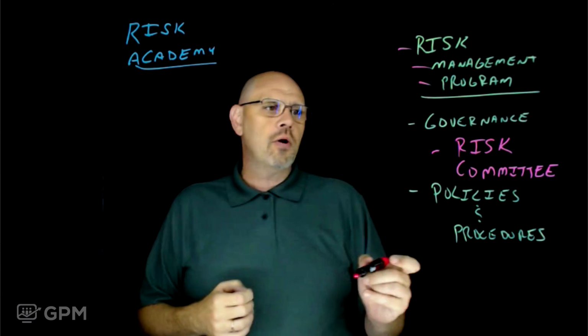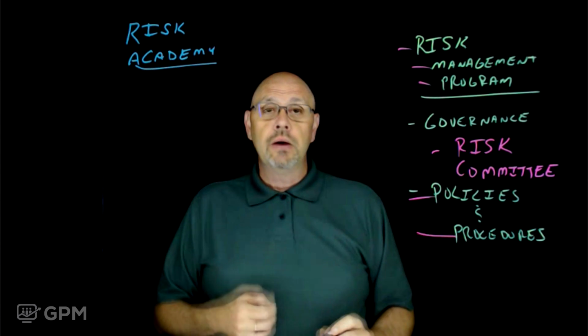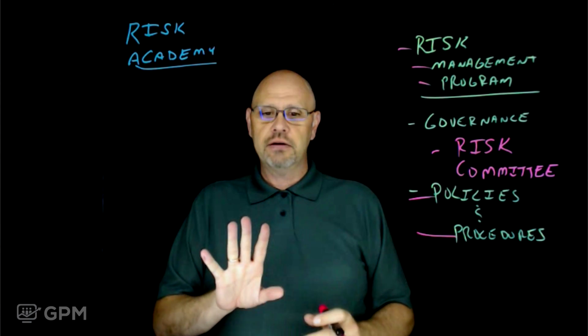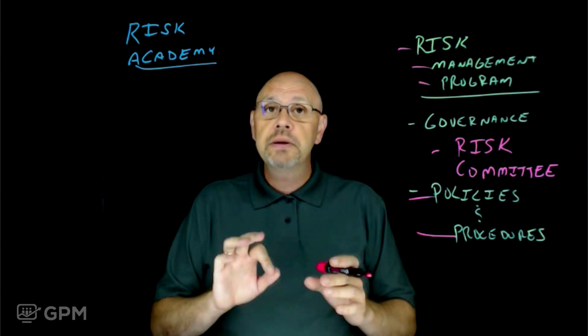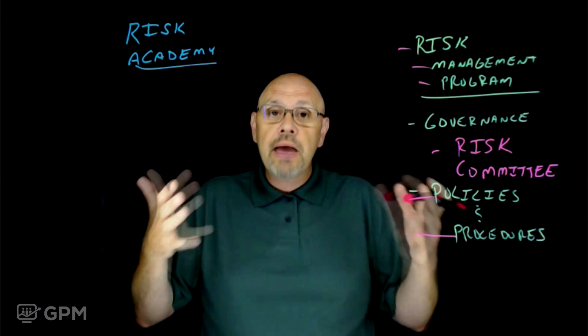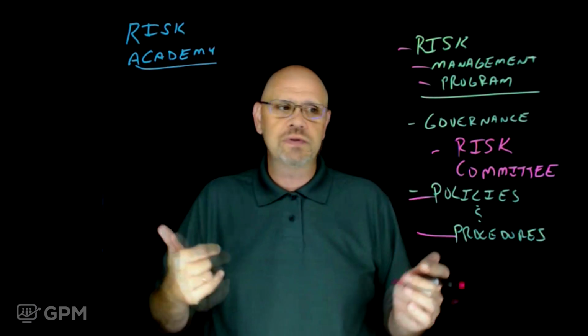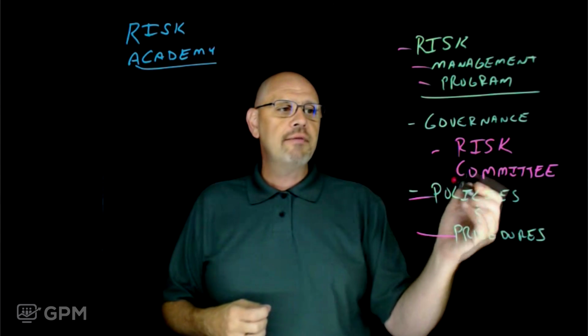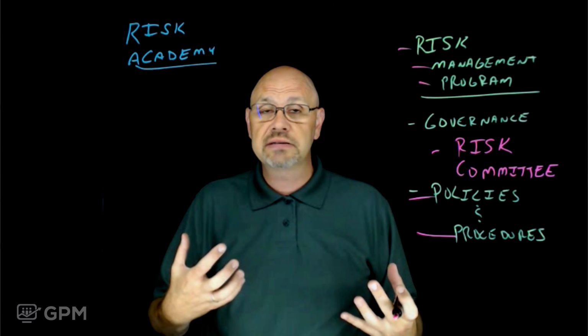Another piece of the program, you need to have good policies and procedures. Two of the 5 pieces of information that you need to run your business. Okay, the pieces of paper, the documentation that you follow, you're basically setting your rules to run your business by. You need to have good policies and procedures on how this risk management program works.